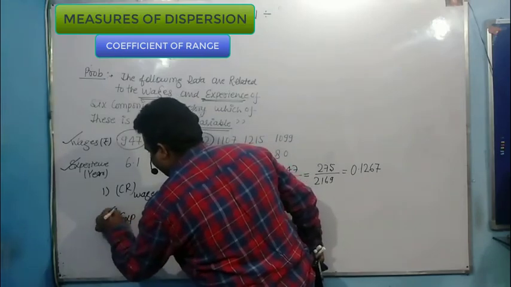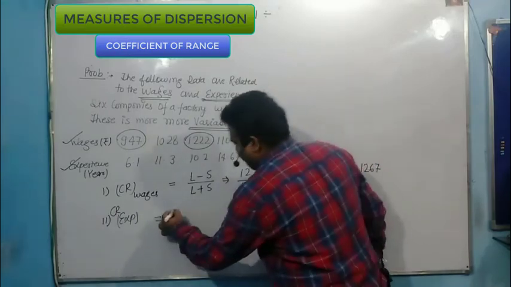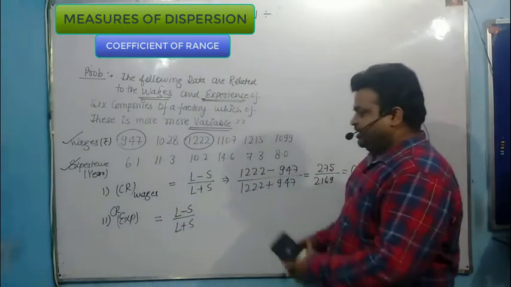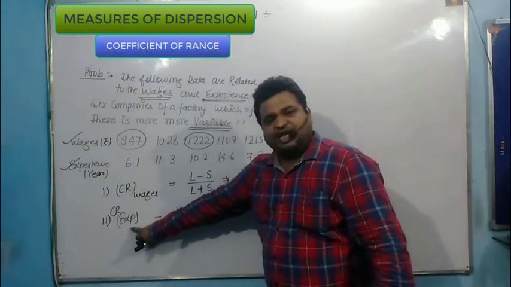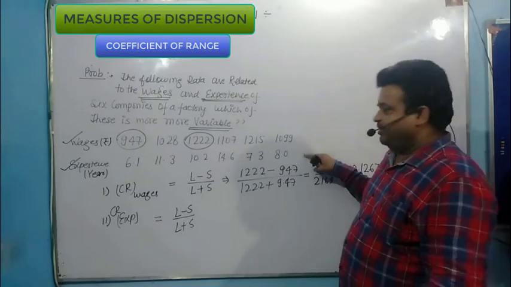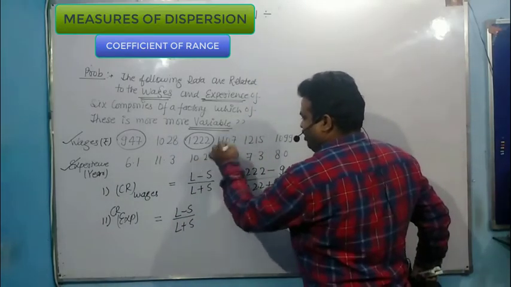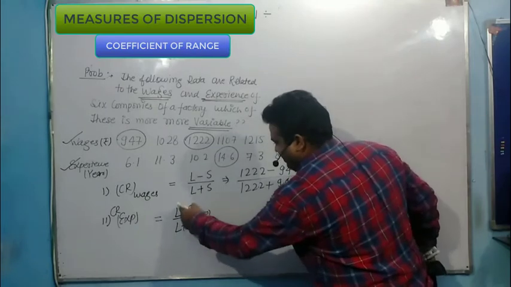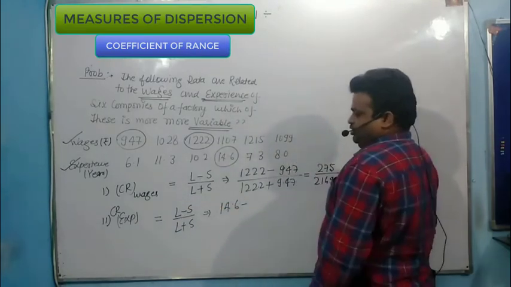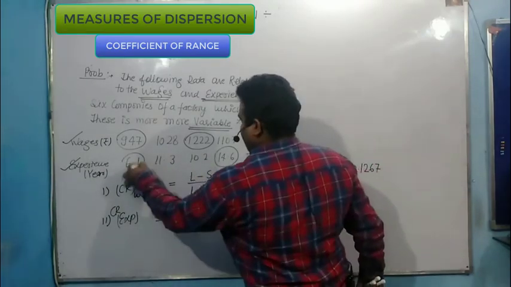Now calculate the coefficient of range of experience. Again, your coefficient of range formula is L minus S divided by L plus S. But for the coefficient of range of experience, you require the experience table. My maximum value is 14.6, so I write 14.6 in place of L, minus my smallest value, which is 6.1.